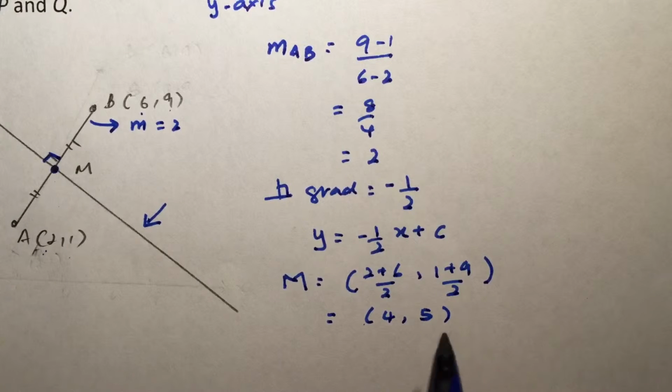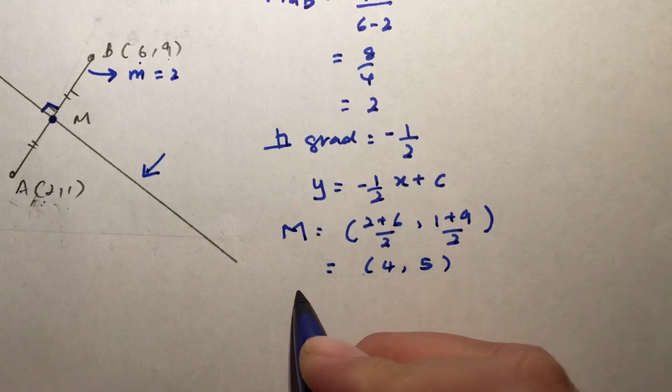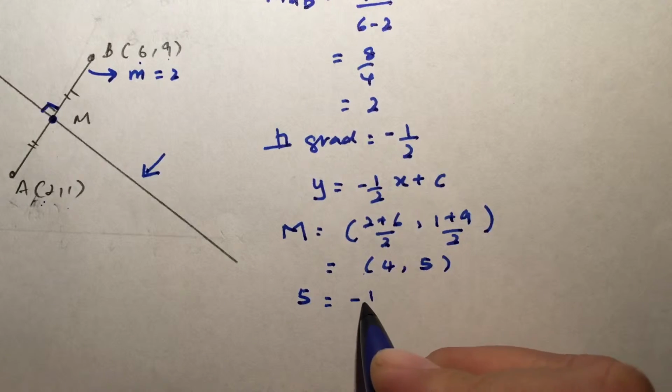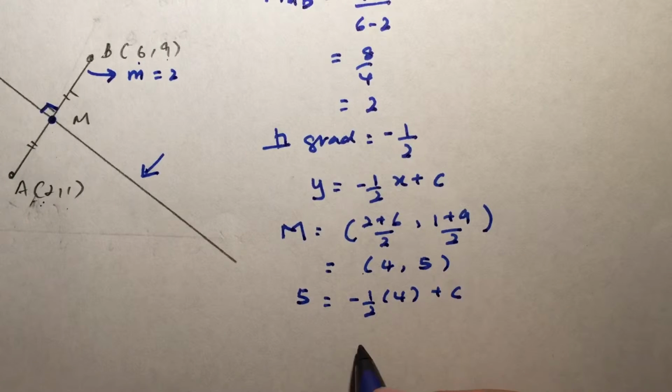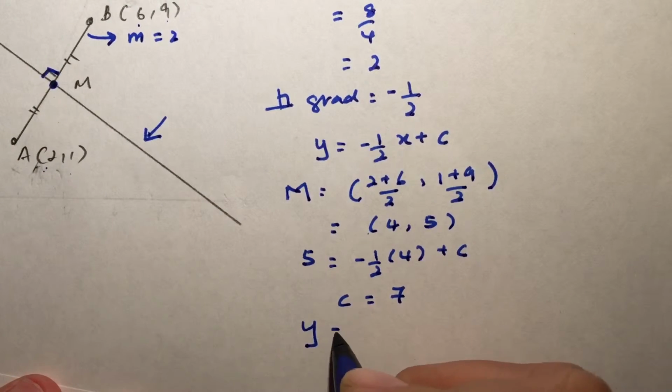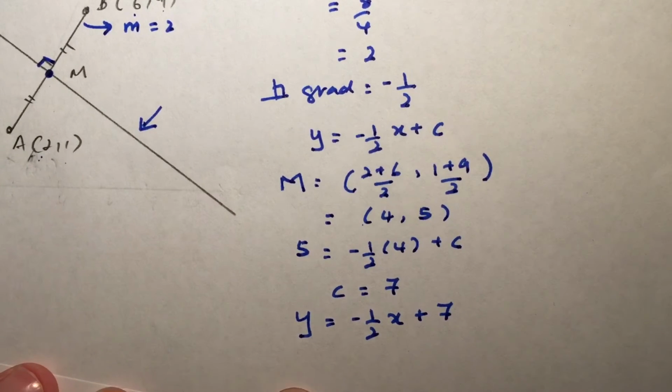Using 4 and 5 and replacing them in here, I should be able to work out my C value. So I will have 5 equals negative half times 4 plus C, and I will be able to get C as 7, meaning that my equation will be y equals negative half x plus 7. So this is the equation of my perpendicular bisector.